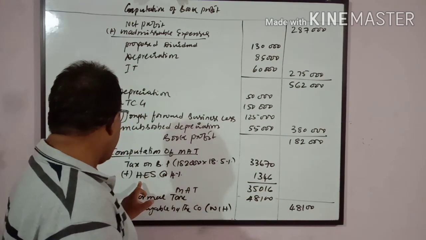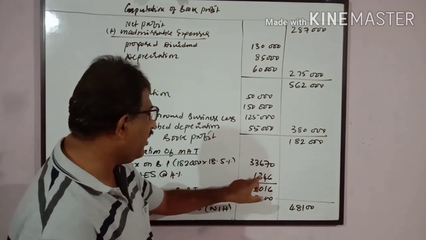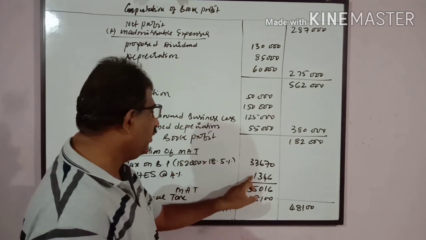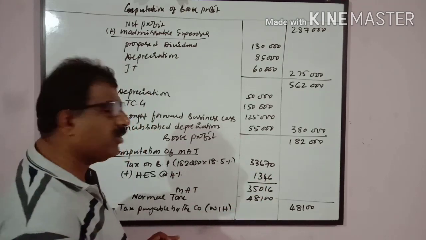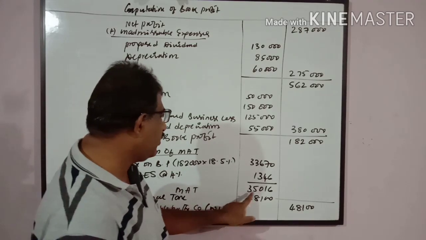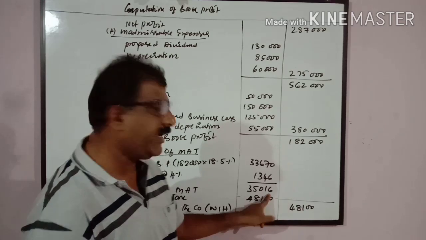And to this I will add HEC at 4%: 33,670 into 4%, 1,346. That is called the health and education cess. Total it comes to 35,016. That is called the minimum alternate tax.